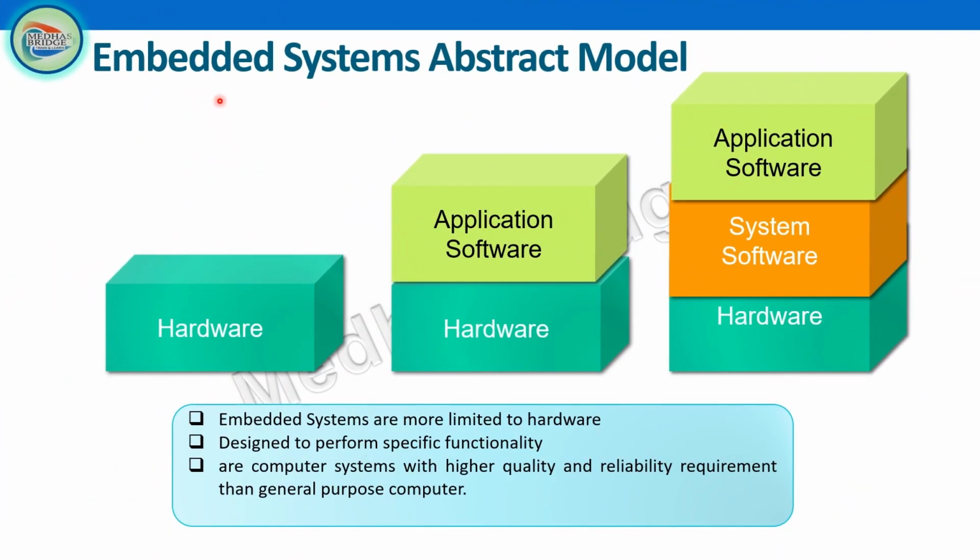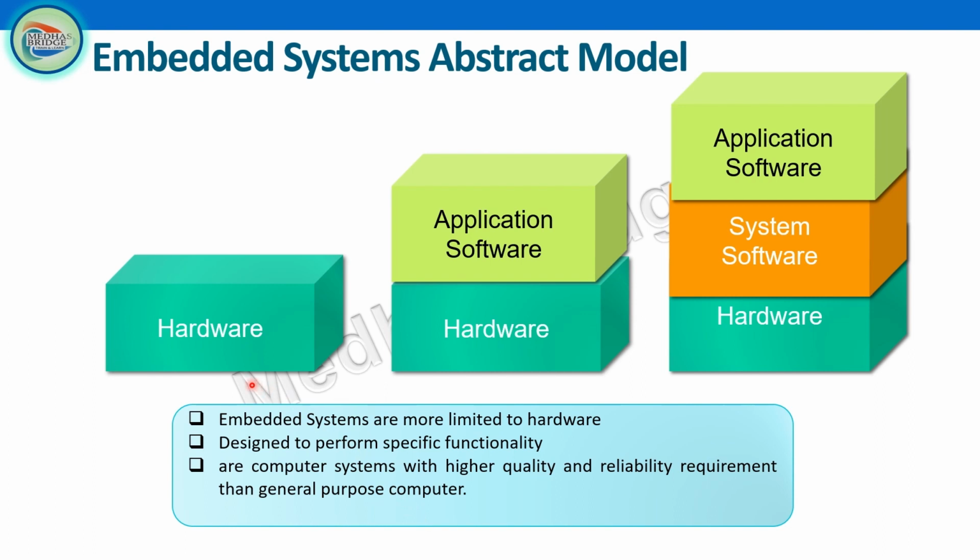Abstract model of embedded systems. Embedded systems are more limited to hardware, designed to perform specific functionality, and are computers with higher quality and reliability requirements than general purpose computers. We have variety in computer systems, right?